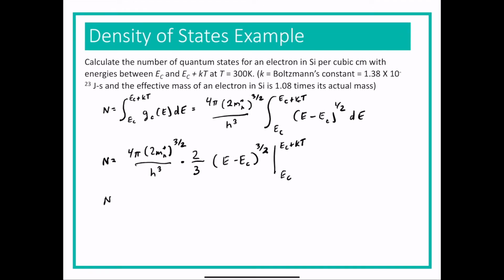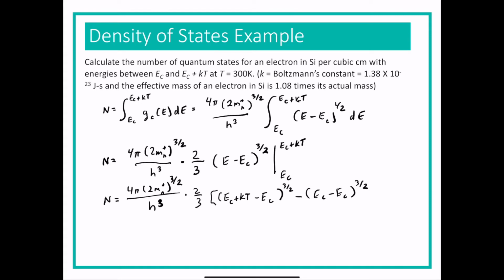And the nice thing about this is that a lot of stuff cancels, which is nice. So I'll write out my constants again, and my 2/3. And then, in order to evaluate this, I've got (E_C plus kT minus E_C) to the 3/2 minus (E_C minus E_C) to the 3/2, which is good because a lot of stuff's going to cancel.